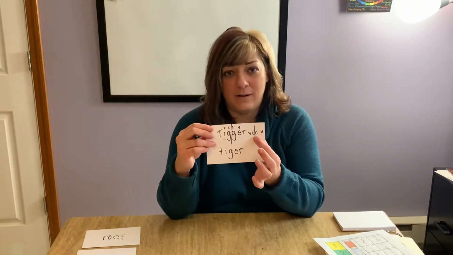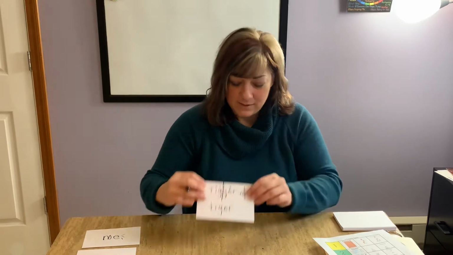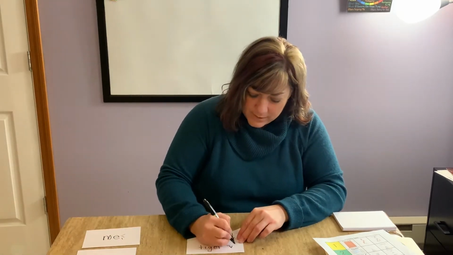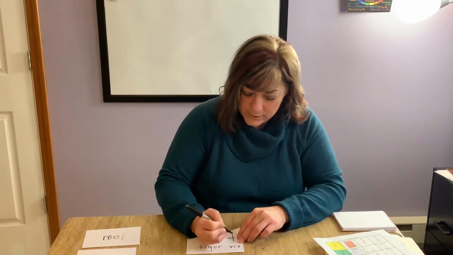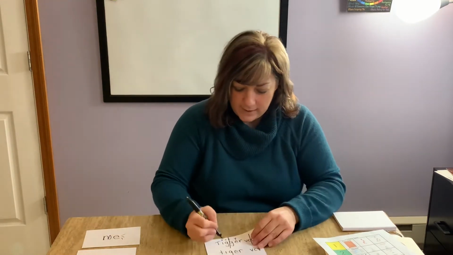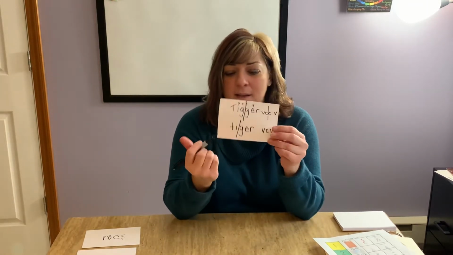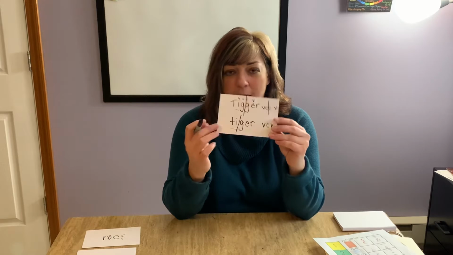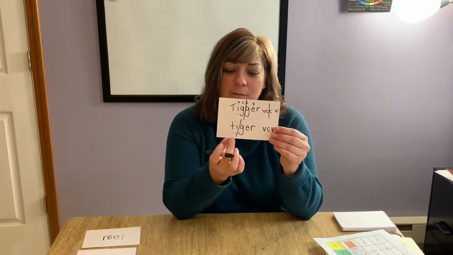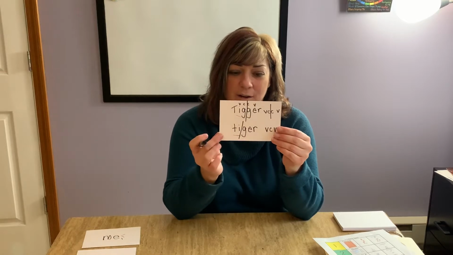Now, if we looked for this side-by-side consonant pattern with a vowel here and a vowel here, and we don't see it, the next strategy we try is to divide right after the first vowel. So in this word, we would divide right after the first vowel, which is the I. So this syllable would be an open syllable, and we would pronounce that as tiger.